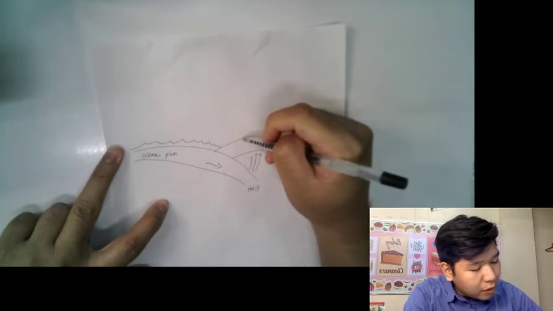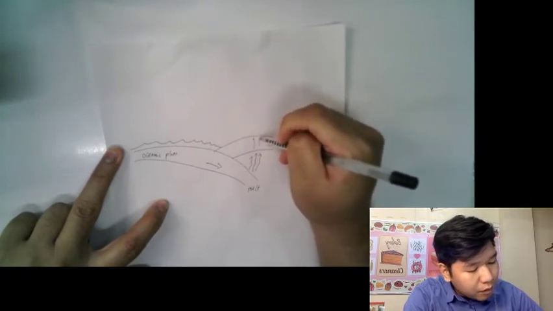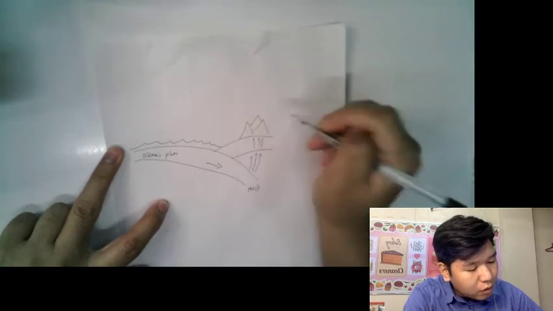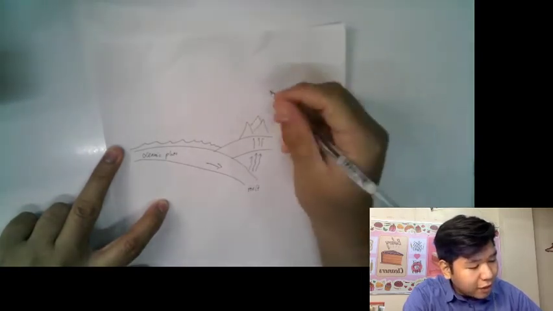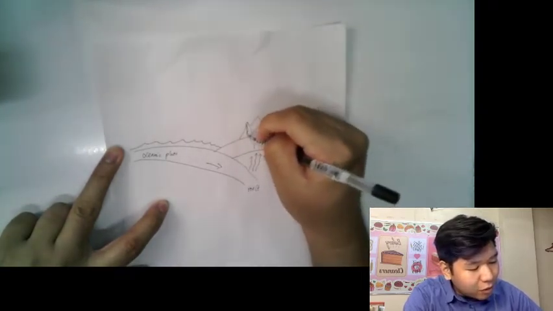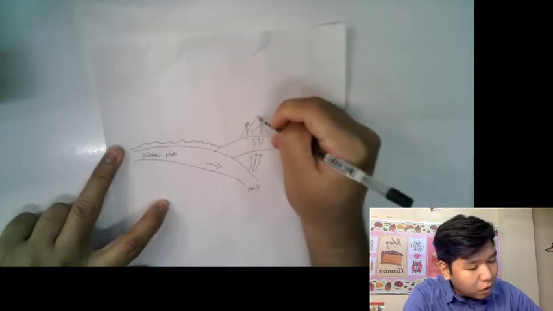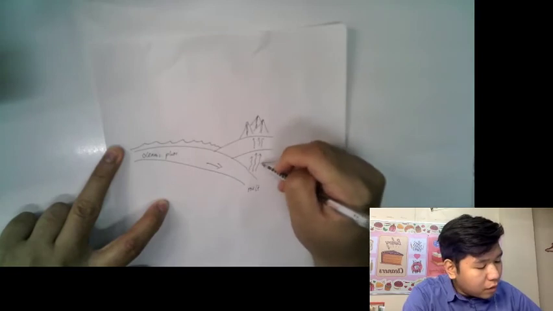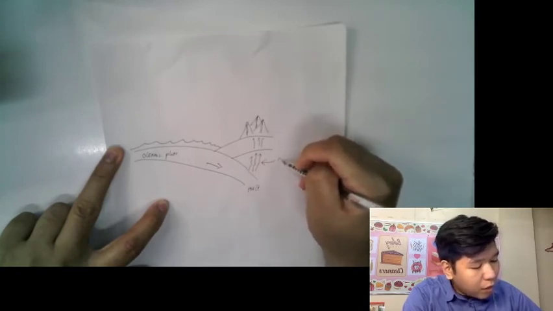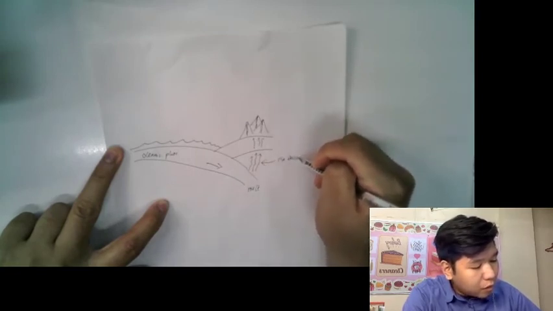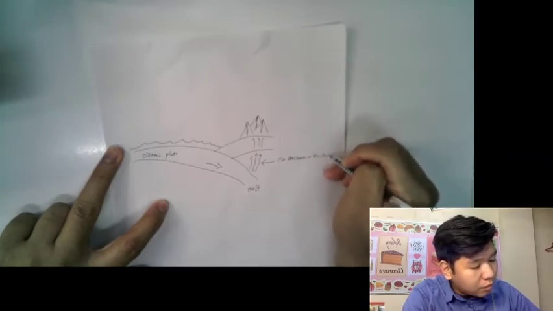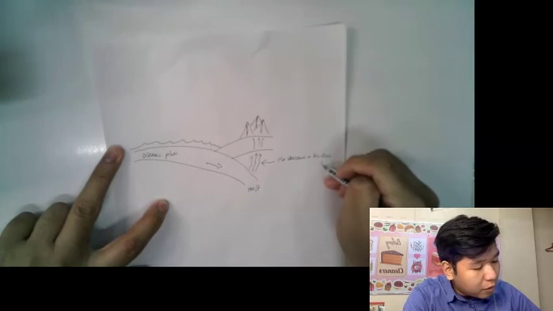They will rise and form a series of volcanoes. Okay, a series of volcanoes. Let me just put some conduits and some vents there. These types of rocks rise because they are less dense. They are less dense because they have water inside of them.